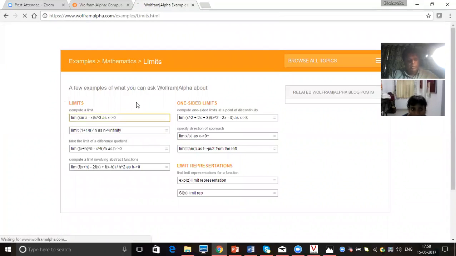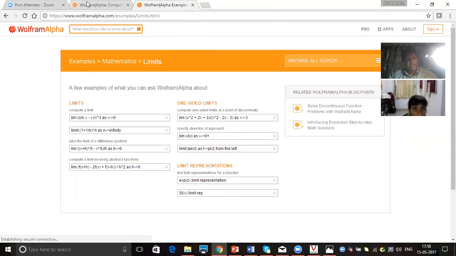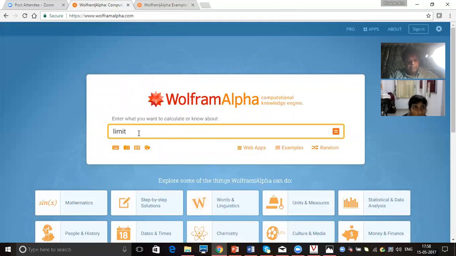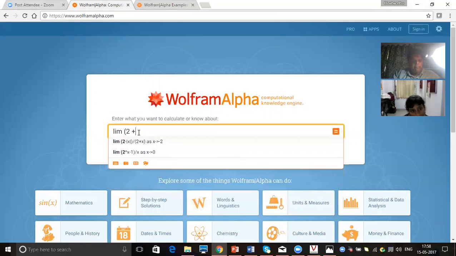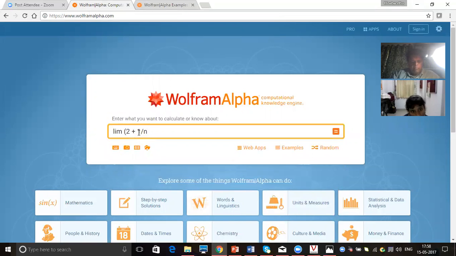So what we'll do is the limit of (2 plus 1/n) whole to the 1/n as n tends to infinity.